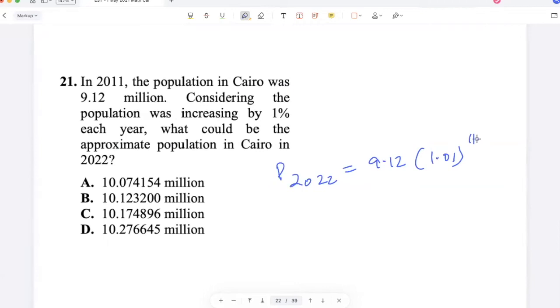So let's just plug that in. 1.01 to the power 11, and that multiplied by 9.12. So that's 10.1748. Yeah, so this is C.